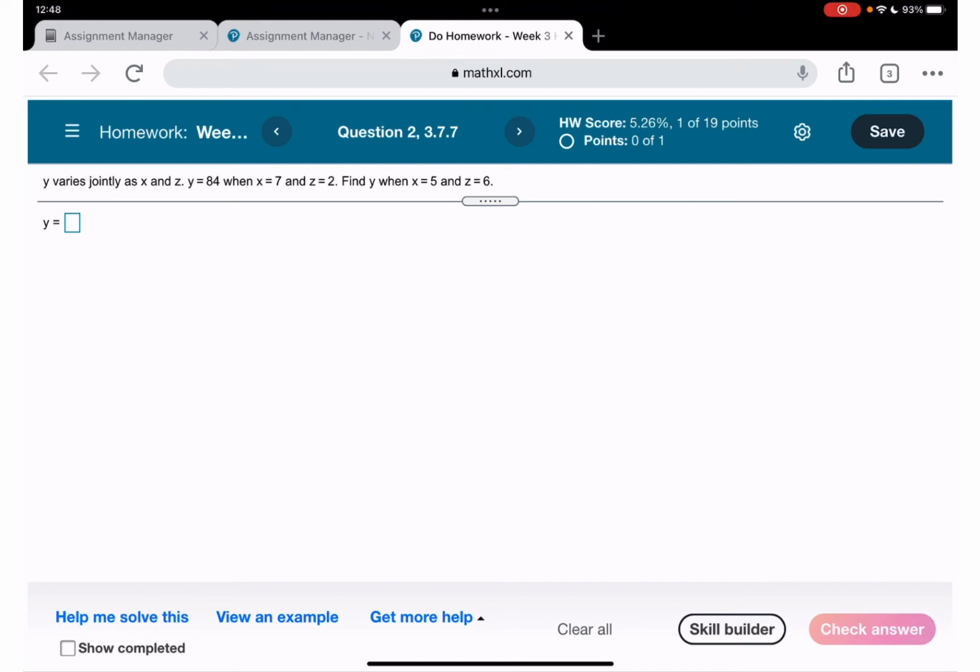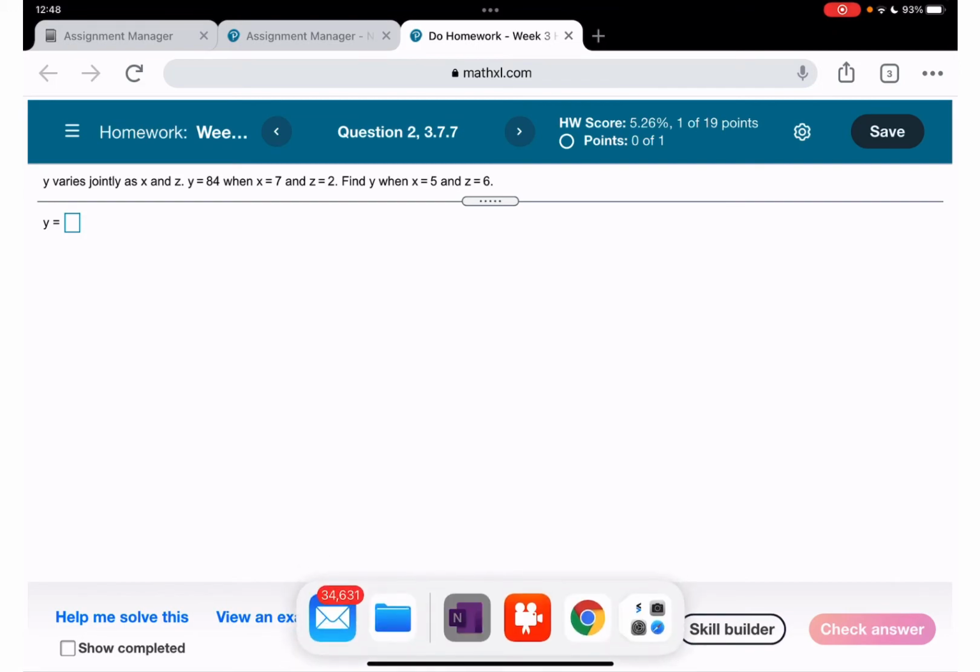Y is equal to 84 when x is equal to 7 and z is equal to 2. Find y when x is equal to 5 and z is equal to 6. So what formula is it going to be? Y varies jointly as x and z.